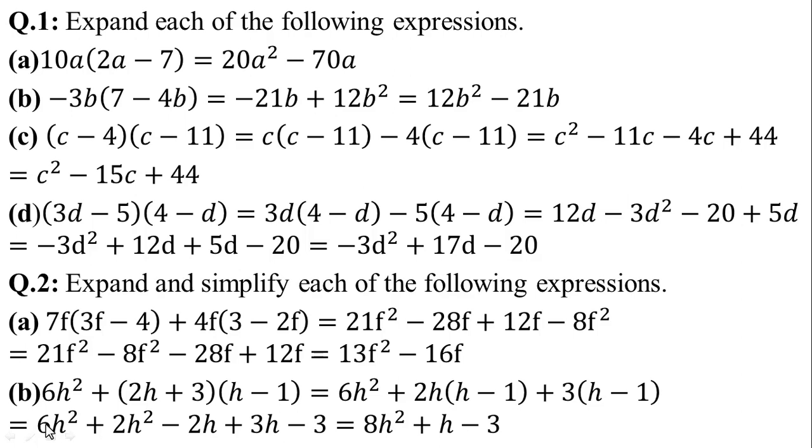Now 6 plus 2 is 8. So the answer is 8h square plus 3h minus 2h minus 3. So the answer of the B part is 8h square plus h minus 3.